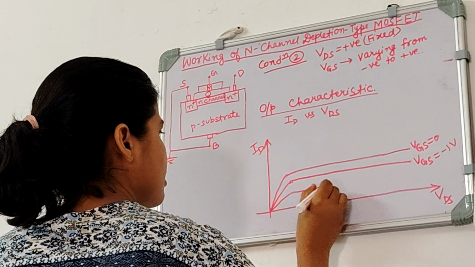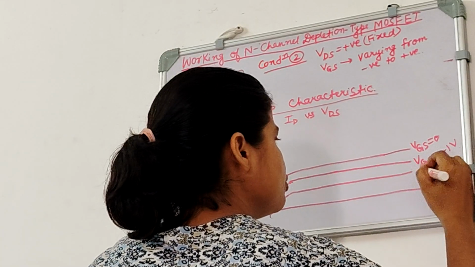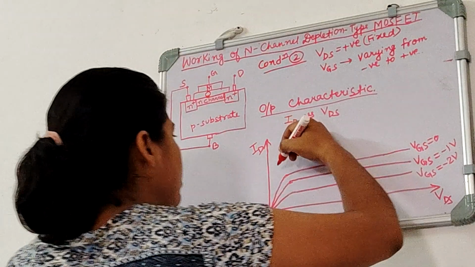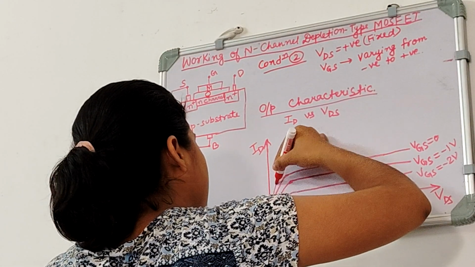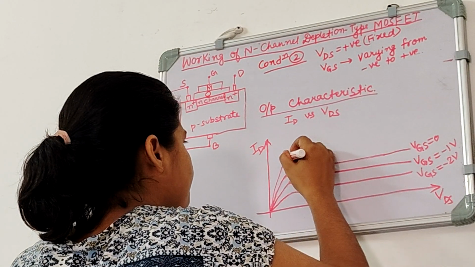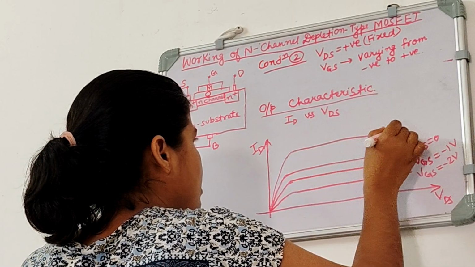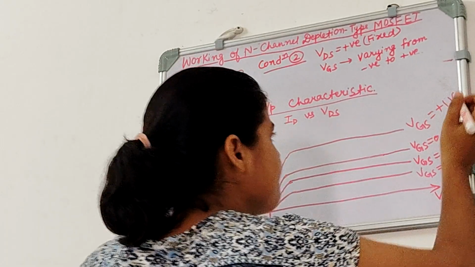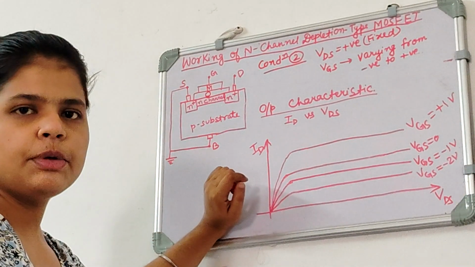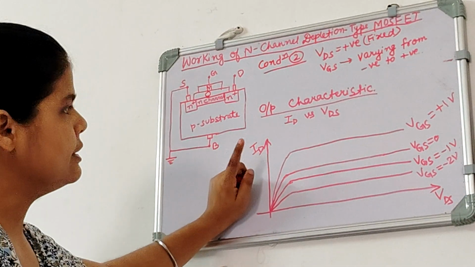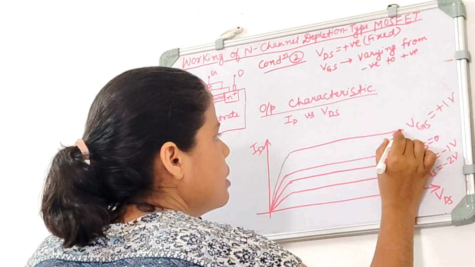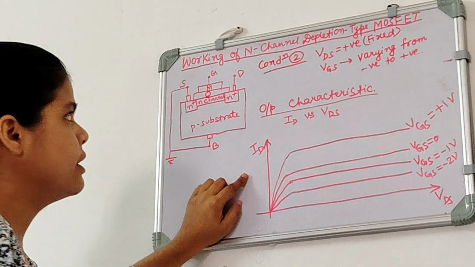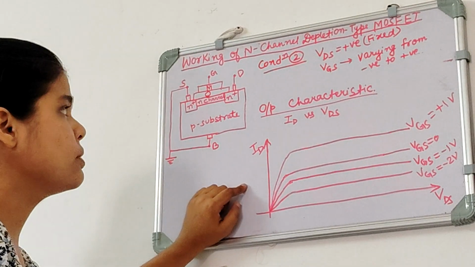Similarly, if we take VGS to be -2 volt. Now, if we take VGS to be +1, you will see a curve like this, because when we take VGS to be positive, our current increases. So this is what our output characteristic for an N-channel depletion type MOSFET looks like.